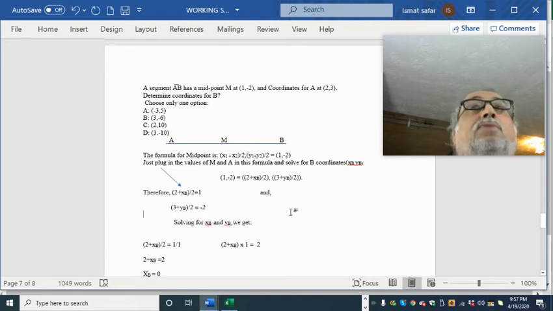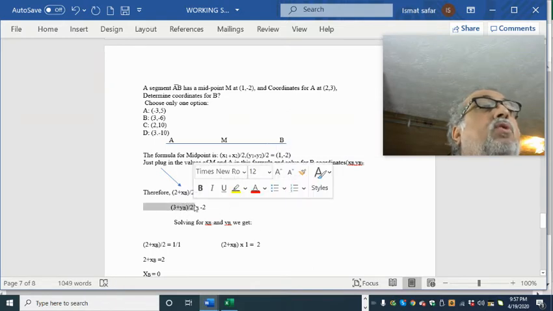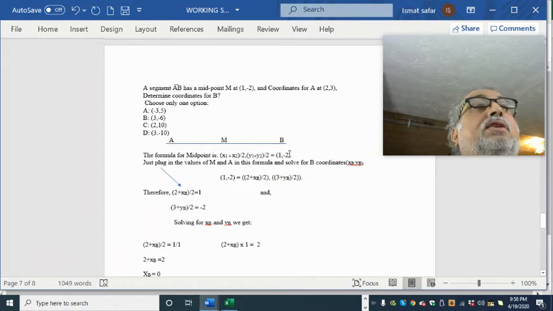Now I hope you follow me. So we have 2 plus x of B over 2 equals 1, which is the x coordinate of M, and 3 plus y of B over 2 equals -2. You follow me?